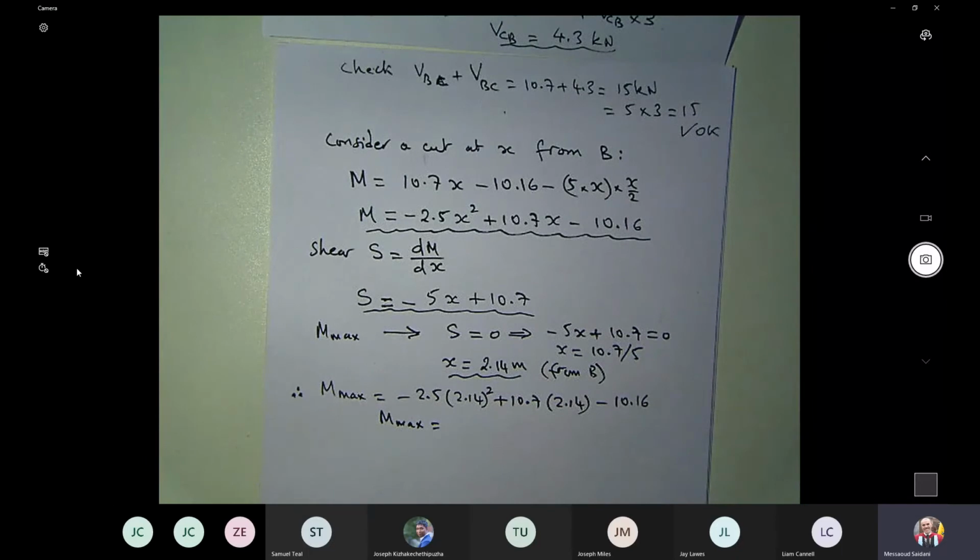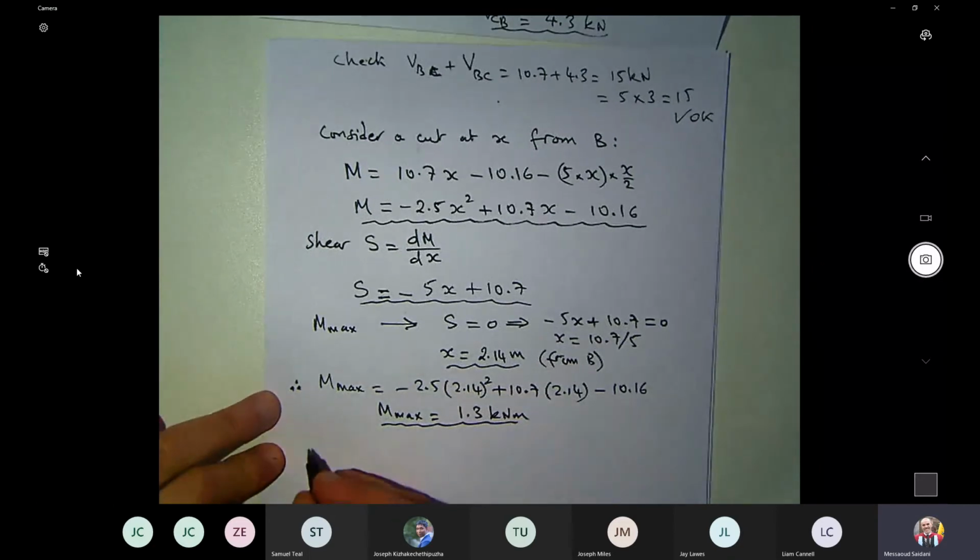So what is M max? 1.289. So 1.3 kilonewton meters. Do you get the same answers? Yeah, thank you. So we have M max is 1.3 kilonewton meters.